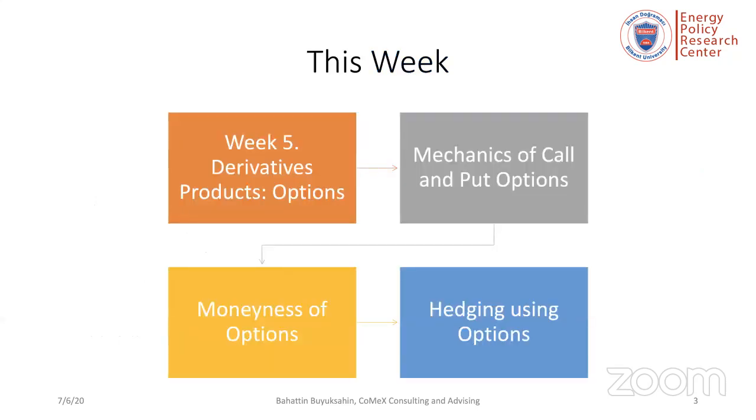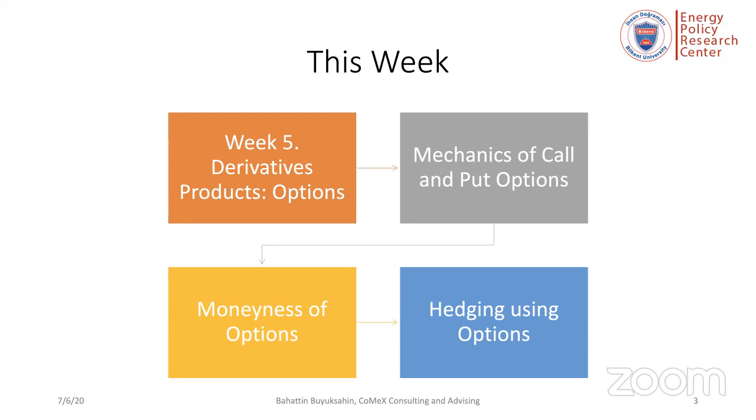So this week, I am going to talk about options. I will start with a definition of what we mean by an option. Then I move to a discussion of the mechanics of options by looking into very simple call and put options.